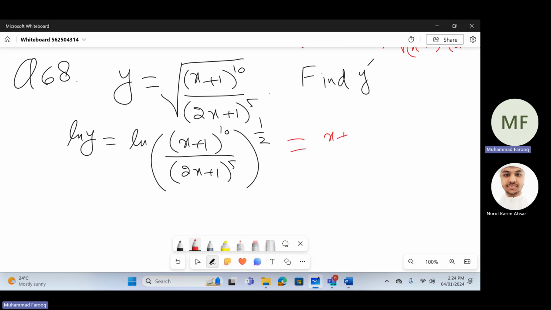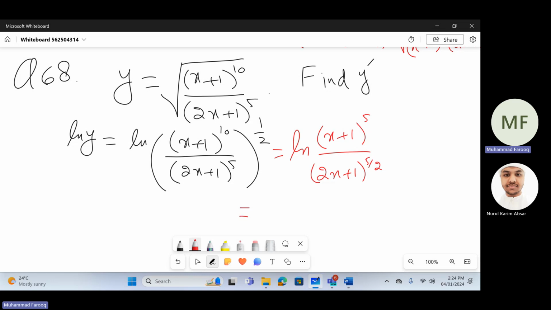So you have x plus 1 to the power 10 times half, which is 5, and divided by 2x plus 1 to the power 5 times half, which is 5 by 2. And of course, this is the argument. Now you can apply the quotient property and at the same time the power of the argument.